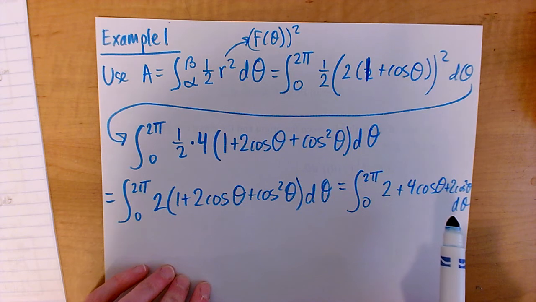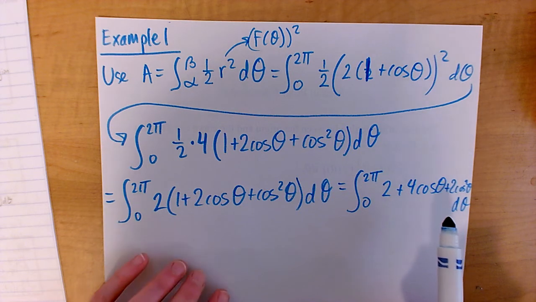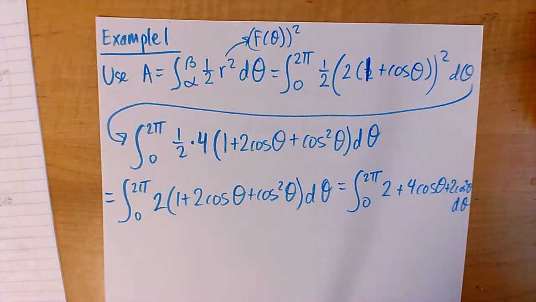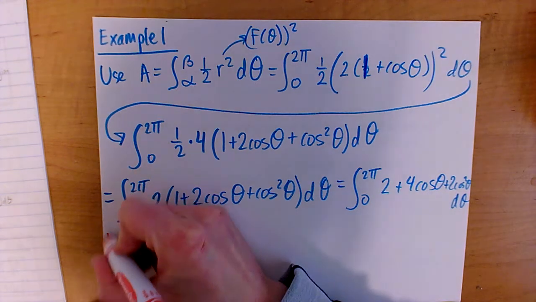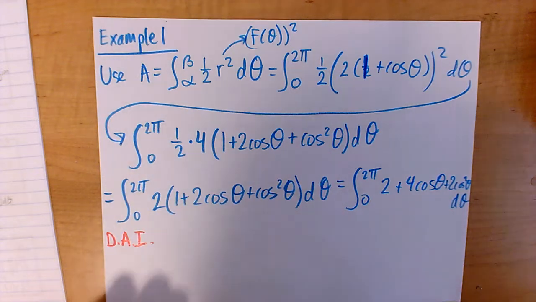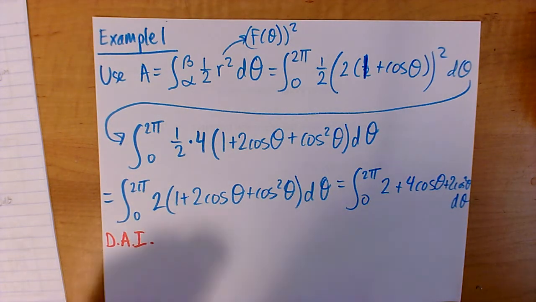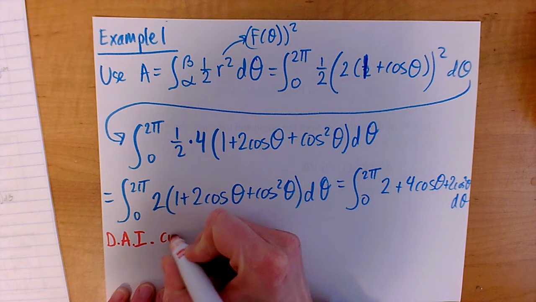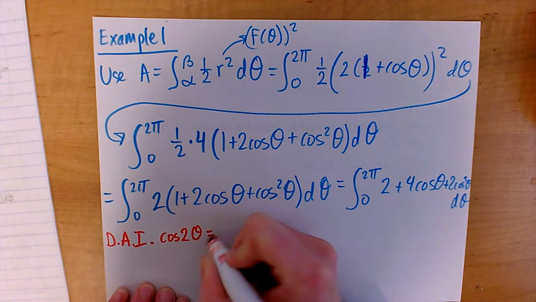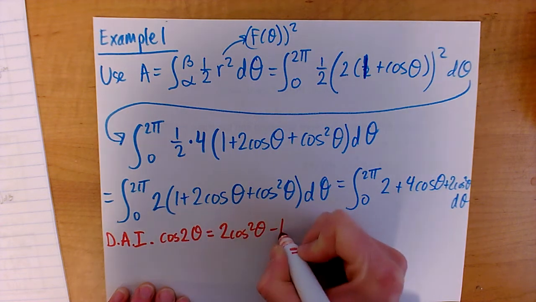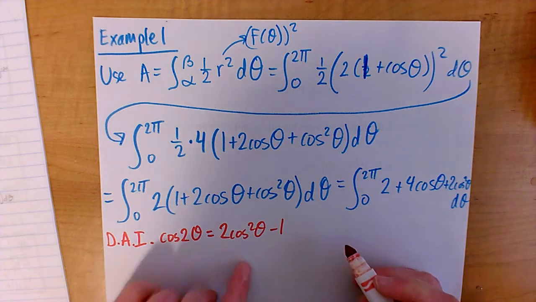Now, it would be nice to make this easy to integrate for us, and we could use a double angle identity here. Alright, so if you recall that really quickly, I'm going to use my double angle trig identity, which says that cosine 2 theta is the same thing as 2 cosine squared theta minus 1.